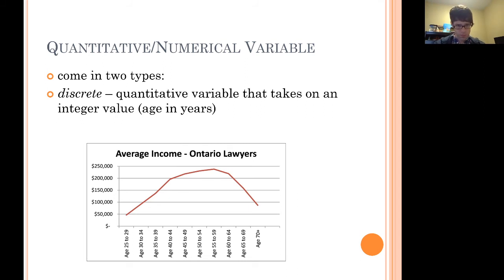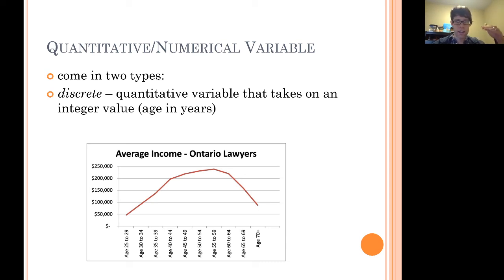There's also a little line diagram or a line plot given down here for you, where we're breaking down average income amongst different lawyer types of different ages. So you can see that age breakdown on the bottom, age 25 to 29. Usually those are discrete years, for example. And then over on the left-hand side, we have an average income in dollars.